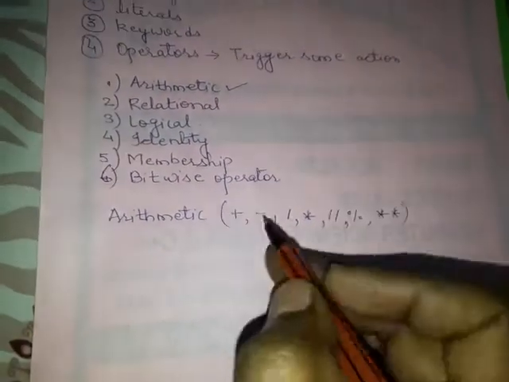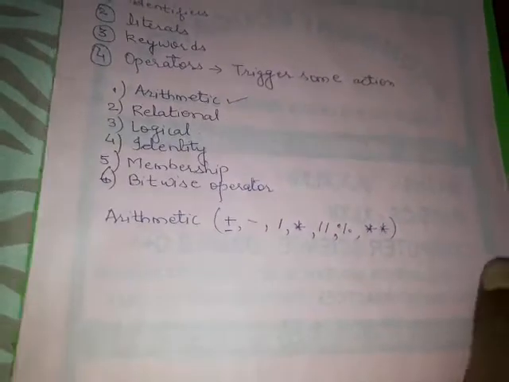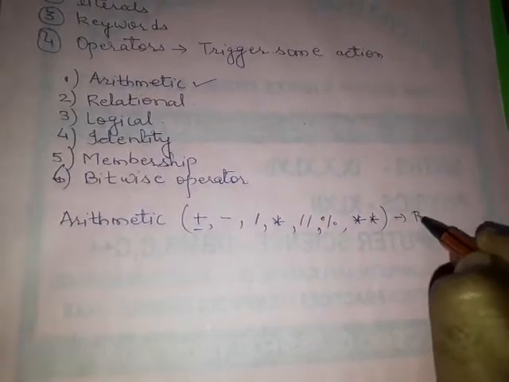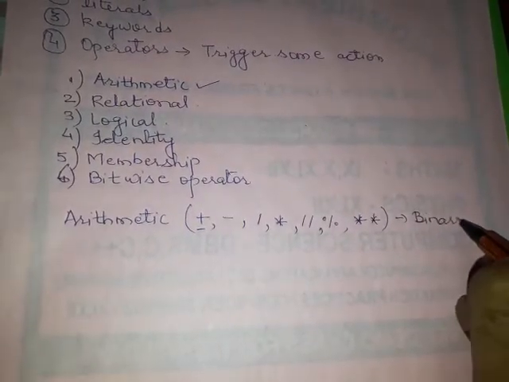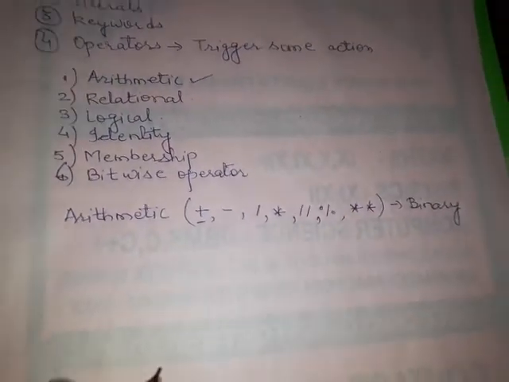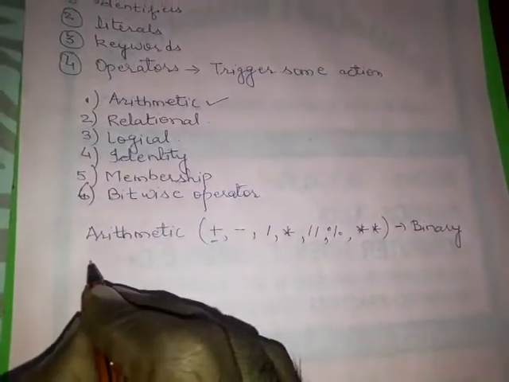Okay, first of all we will discuss addition. Arithmetic operator is normally a binary operator. Binary means it needs two operands. For example, let us see.